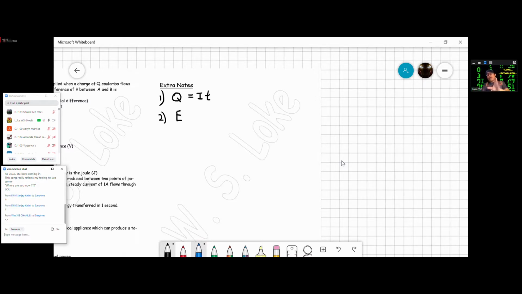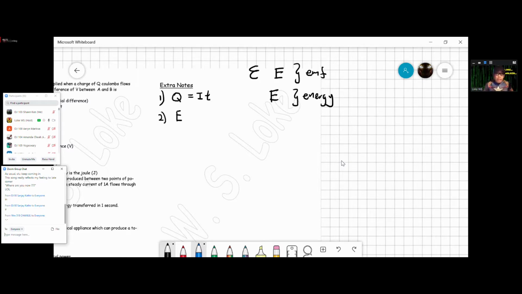Don't confuse. That's why a lot of time I like to use this rather than this for EMF, because it's confusing. These two are symbols for EMF, but this E is also a symbol for energy. That's why it's a bit confusing. What to do? Physics, we don't have enough alphabet to use.